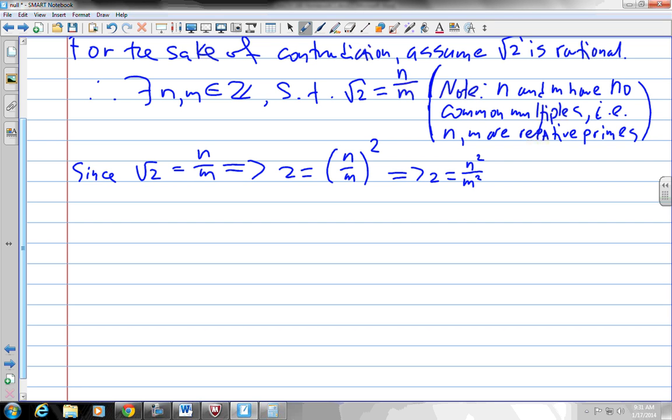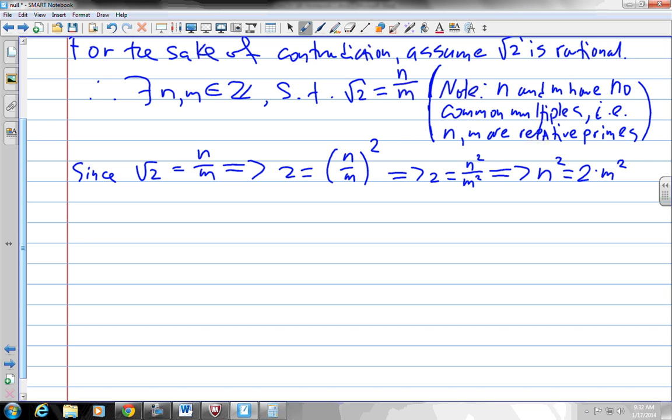Is that okay? And I can keep going with algebra. Therefore, n squared equals 2 times m squared, just multiplying both sides by m squared. Is that okay? So n squared equals 2 times m squared.